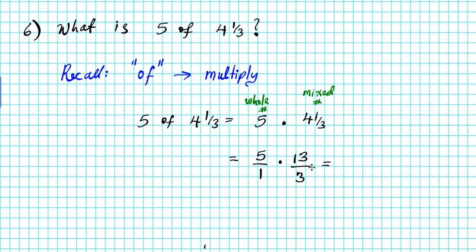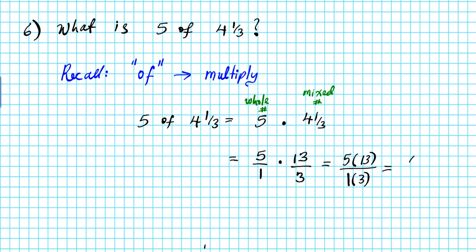Now to multiply fractions, you go horizontally, numerator times numerator, 5 times 13, divided by denominator times denominator, 1 times 3. Of course, you check to make sure that you can reduce here, and we cannot reduce. There are no common factors between 1 and 13 other than 1, and 5 and 3 are co-prime.